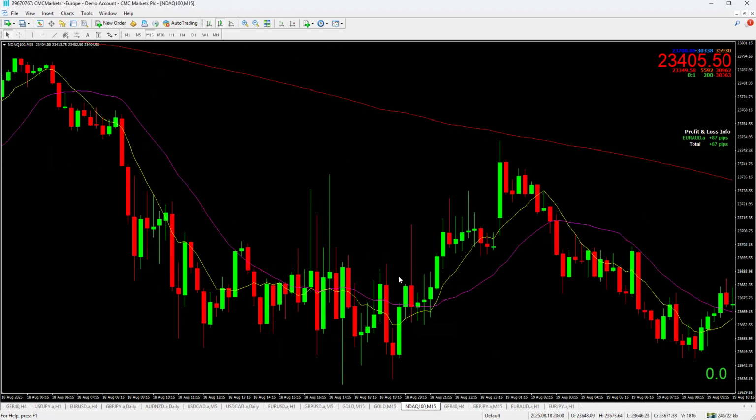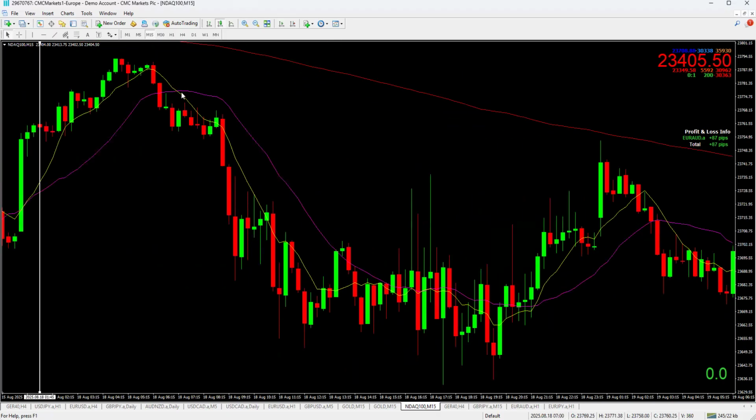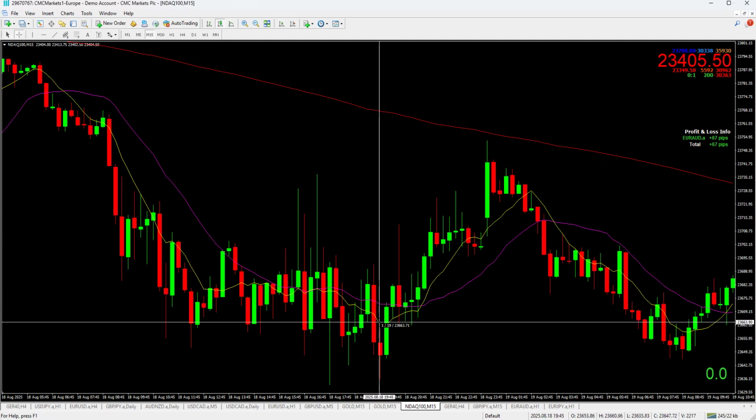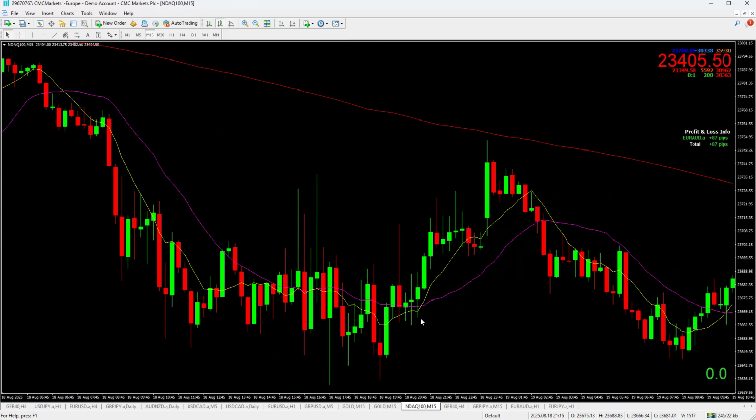Each time you want to enter is when it crosses back down if you are selling. Now, guess what? If you understand price action, because price is here and the 200 is far away, yes, you could do a quick counter trend trade, but I would say don't do that if you do not understand how to trade price action.